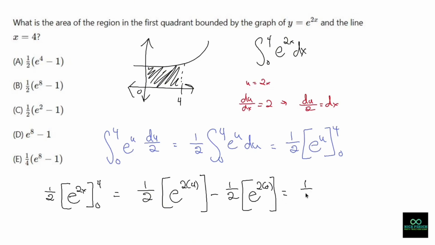Which is 1/2 e to the 8th minus, 2 times 0 is 0, so 1/2 e to the 0 is 1/2. And what I could do here is pull out the 1/2, and I'm left with e to the 8 minus 1, which is going to be b.